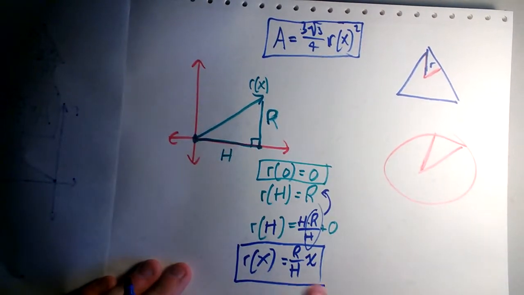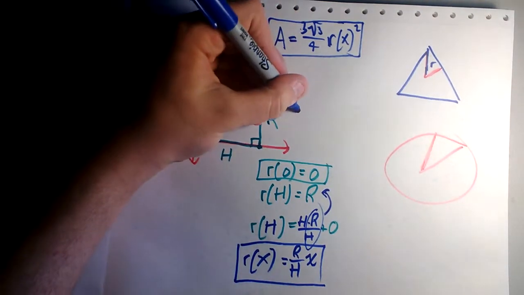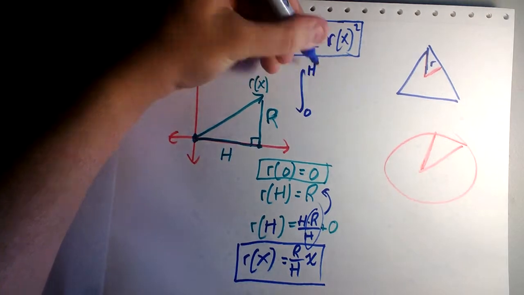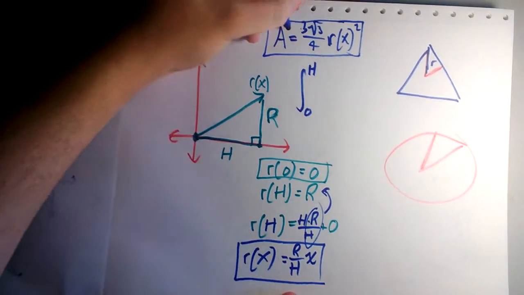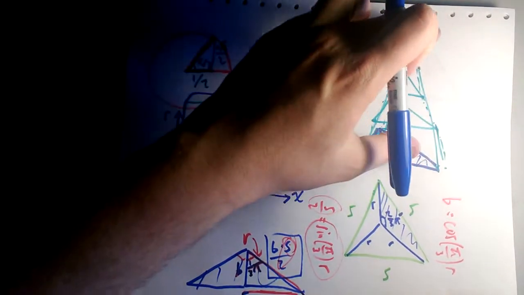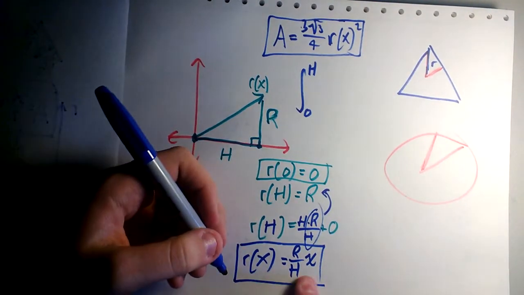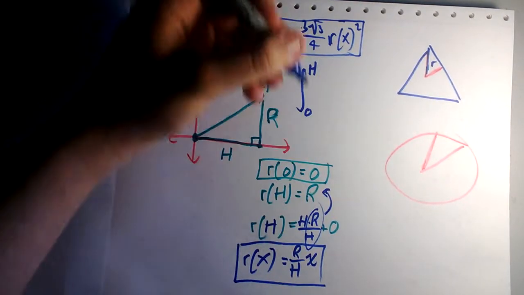All right, so it says square this value, and what we'll be doing is integrating from 0 to h. This full height value. And we'll be adding every area, right? We're adding each of these areas from 0 to this value of h. So we have this R divided by h, and that's squared.